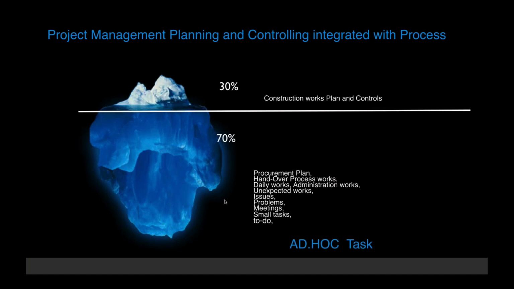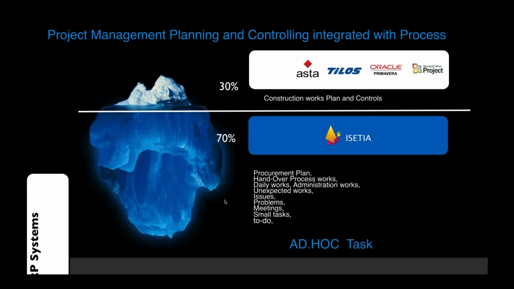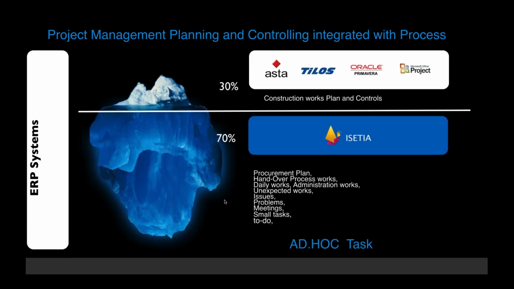Let's go to the project management, planning and controlling integrated with process. So we are using Asta, Tylos, Oracle Primavera, or even Microsoft Project to plan your work and control your work, for example, on the construction site. And what is ISETIA for in here?